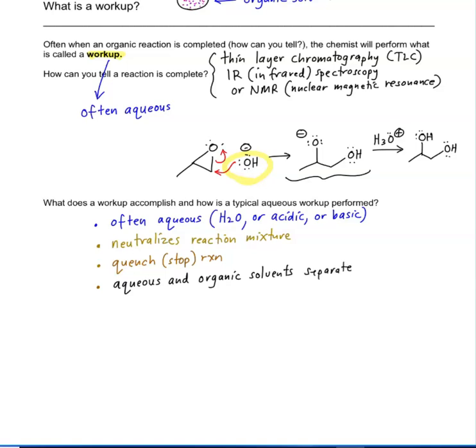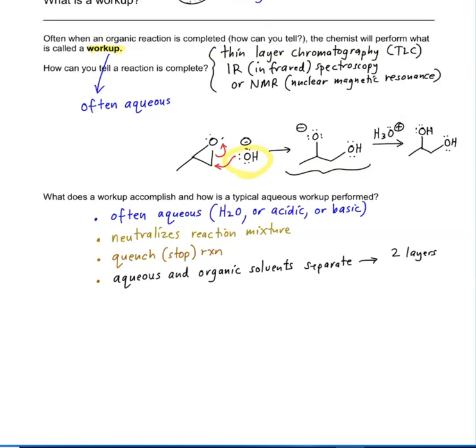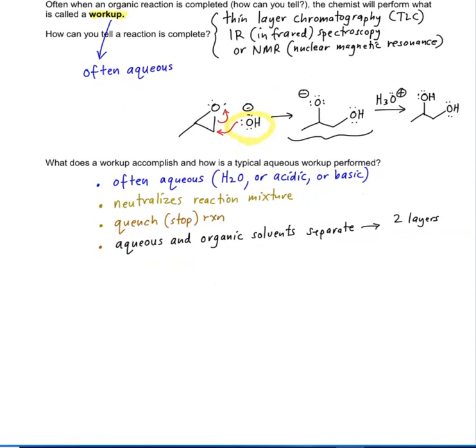So you're going to have two layers. Water and most organic solvents are not miscible. Now, there are a number of organic solvents that are miscible with water, but in general, we're talking about the cases where you would add in water or an aqueous workup to an organic solvent with which it's not miscible, which means that you're going to get two layers.